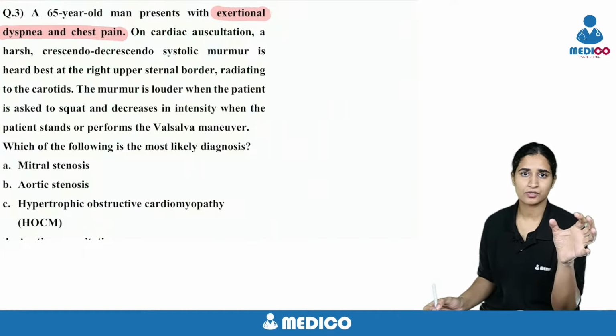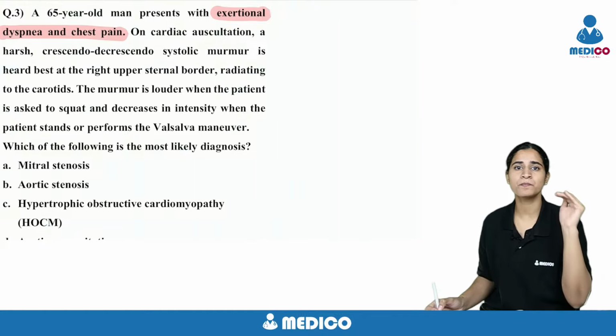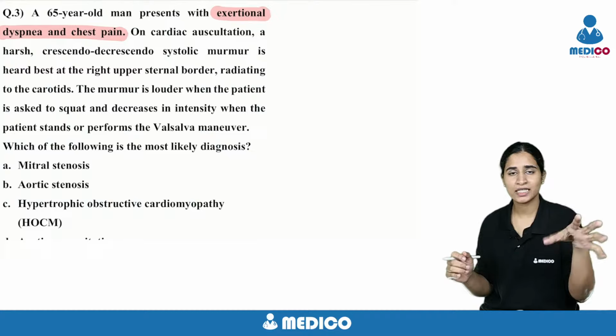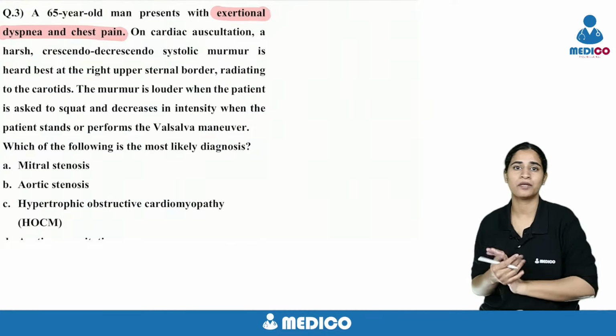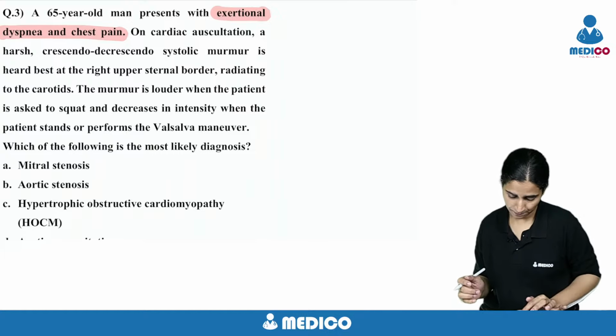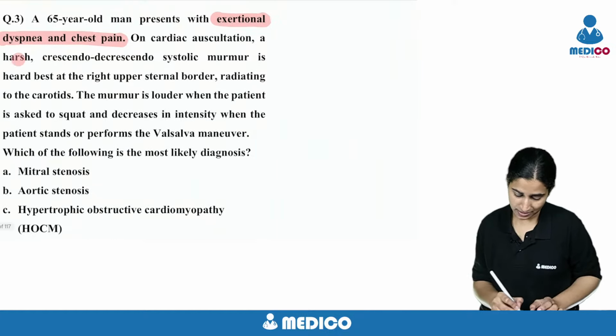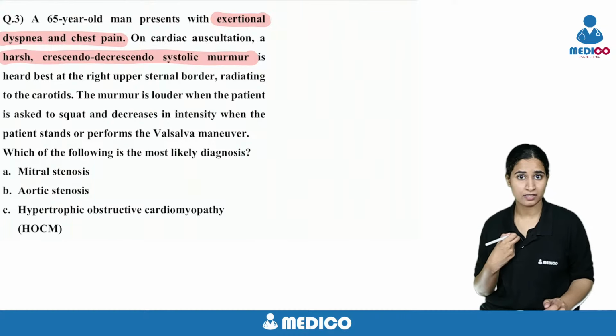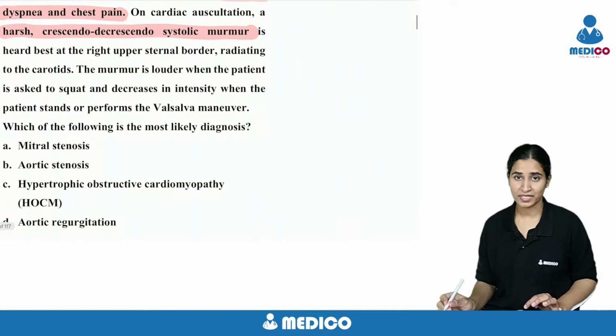Each valvular disorder will have a specific symptom subset. Based on the symptoms and the duration, you can differentiate which valve is involved. That important is the symptom history in valvular diseases. On auscultation, there is a harsh crescendo-decrescendo murmur heard at the right upper sternal border, and it's radiating to the carotids.